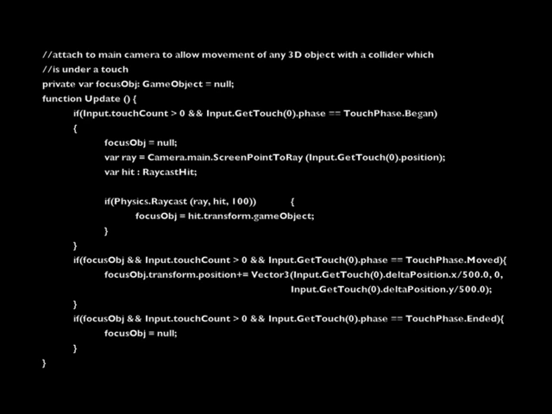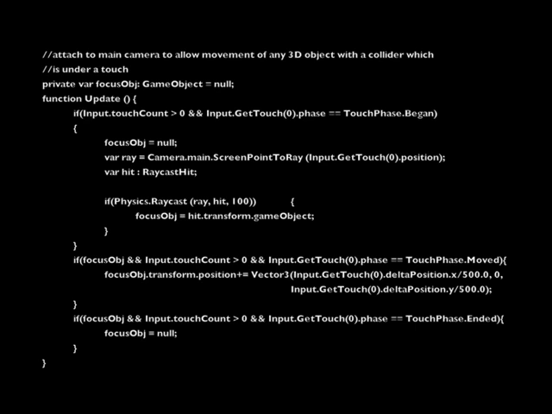It then casts a ray from the location of the touch along the camera's line of sight. Now, using a physics raycast collision, if it hits something, it then sets focus object to be the object that you've hit. So that is the 3D object that you've put your finger on.